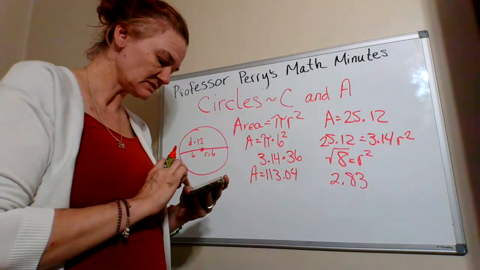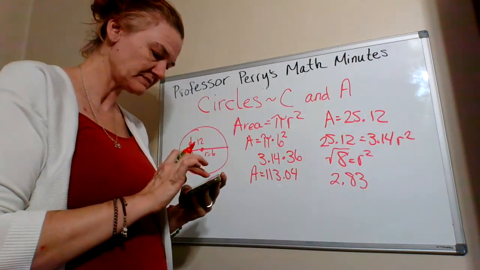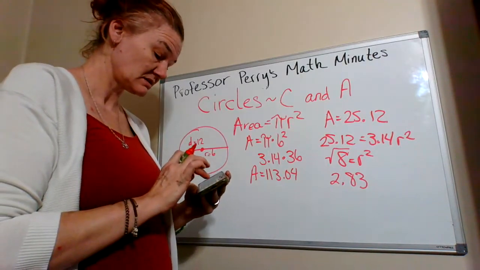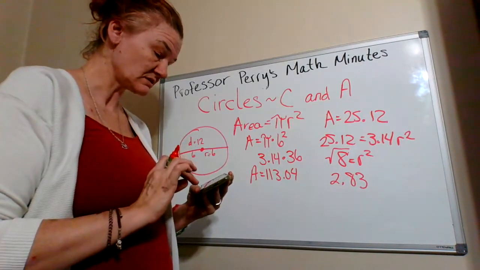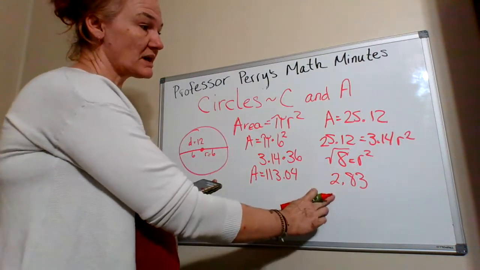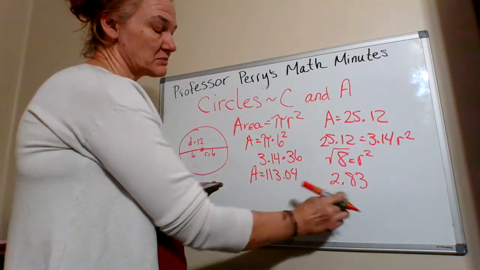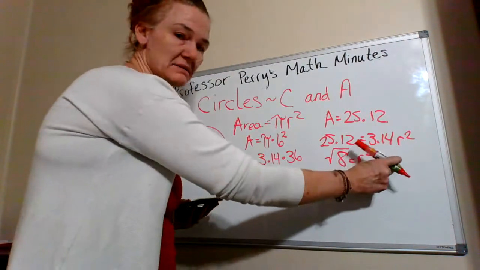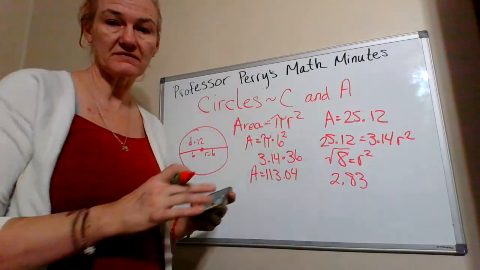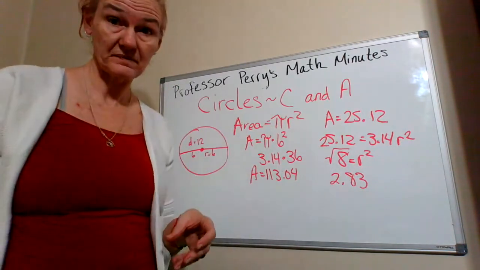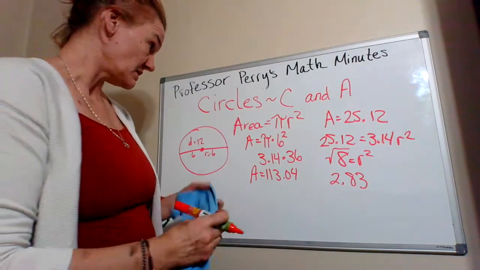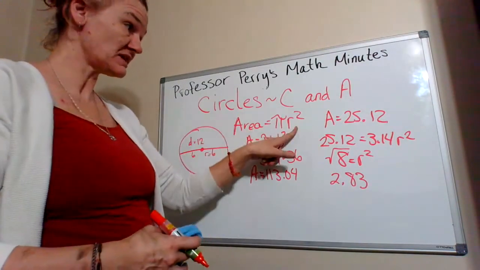Okay, so my radius would have been 2.83. If I multiplied that times itself times pi, I should get 25.12. So pi times radius squared.